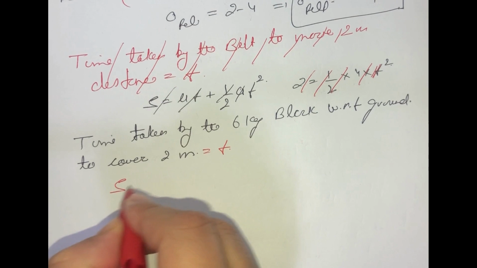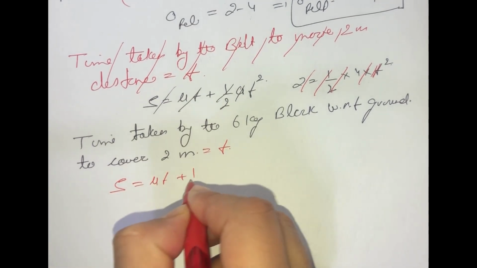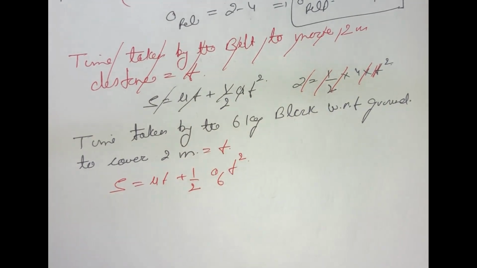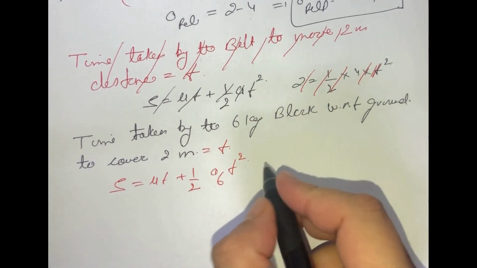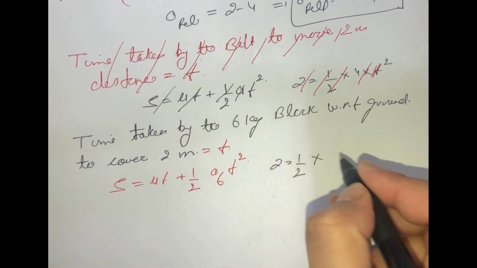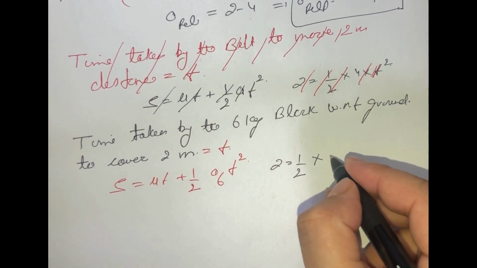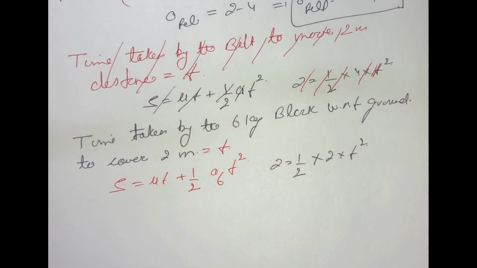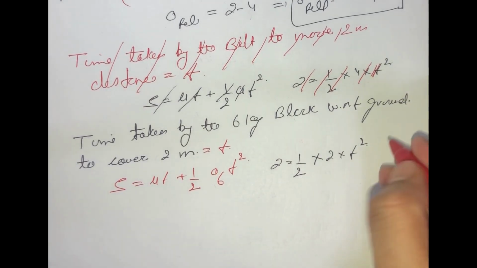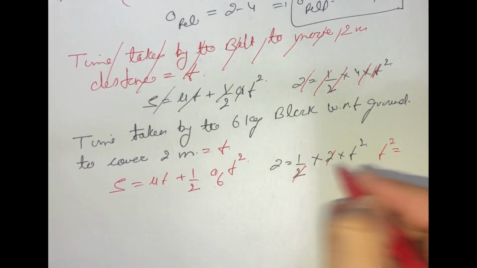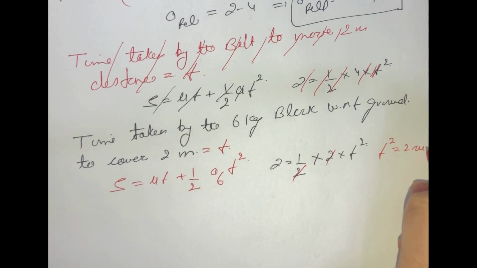So we can say that s is equal to ut plus half a6 t square. So from here the distance is 2 meter, this is half, and a6 is 2, multiplied by t square. So from here we can get that t square will be equal to 2 seconds.